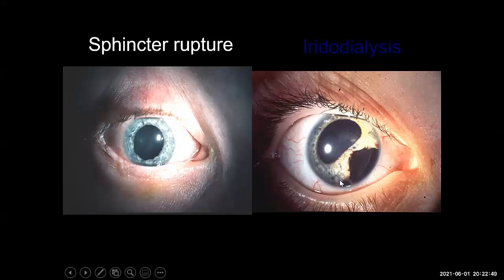Here, the hyphema has settled, and now you see the real picture happening in the anterior chamber. In addition to that, the eye pressure or intraocular pressure can be raised, and they can have many more internal injuries.